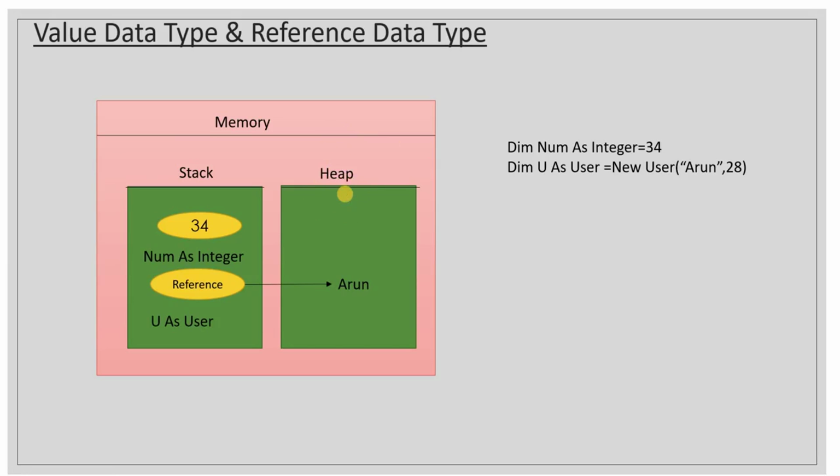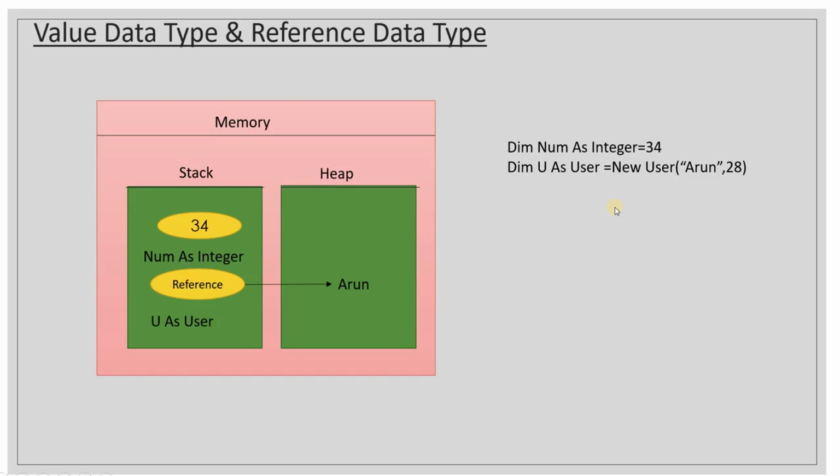Just take an example. Now I declare a num variable as integer, and its value is 34. Example: dim u as user. The u variable is of user type, and the value of user is Arun and 20.